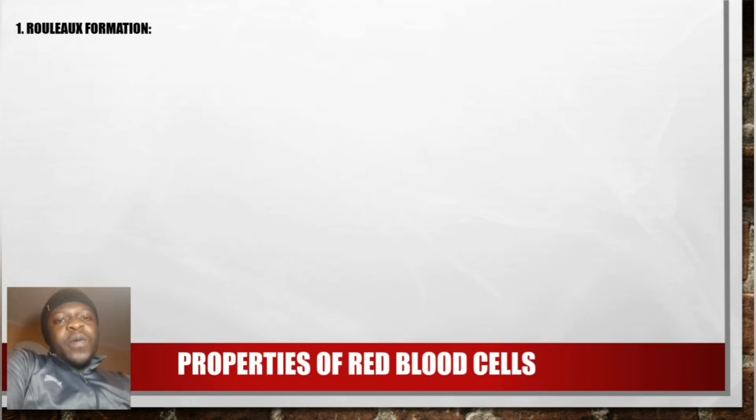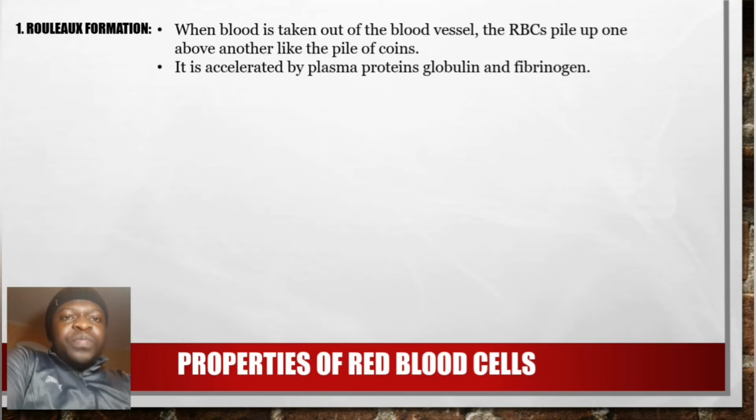The properties of red blood cells. Number one is rouleaux formation. When blood is taken out of the blood vessels, the RBCs have the ability to pile up one above the other, like a pile of coins.